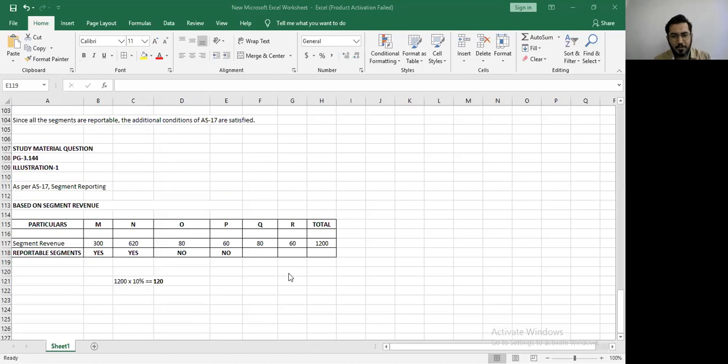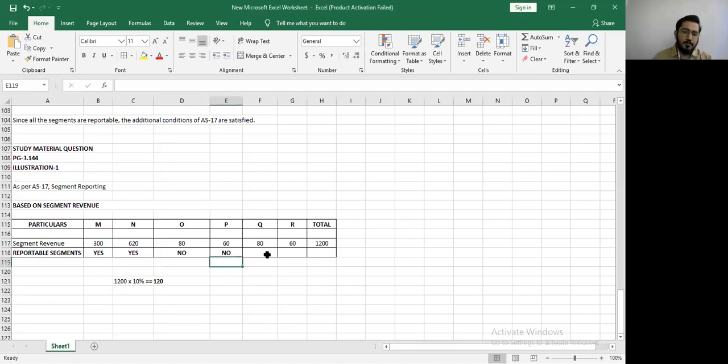What about segment Q? Is segment Q reportable?